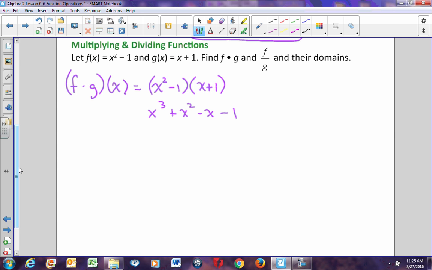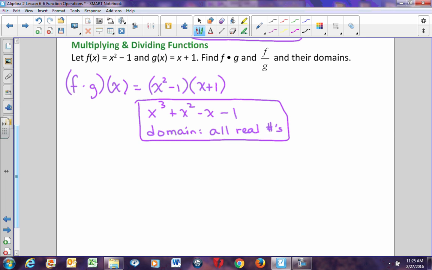And there are no like terms to combine, so that's what we get. Do I have to worry about getting an undefined answer? No, because there's no denominator. So my domain is all real numbers. There we go. There's f times g of x.